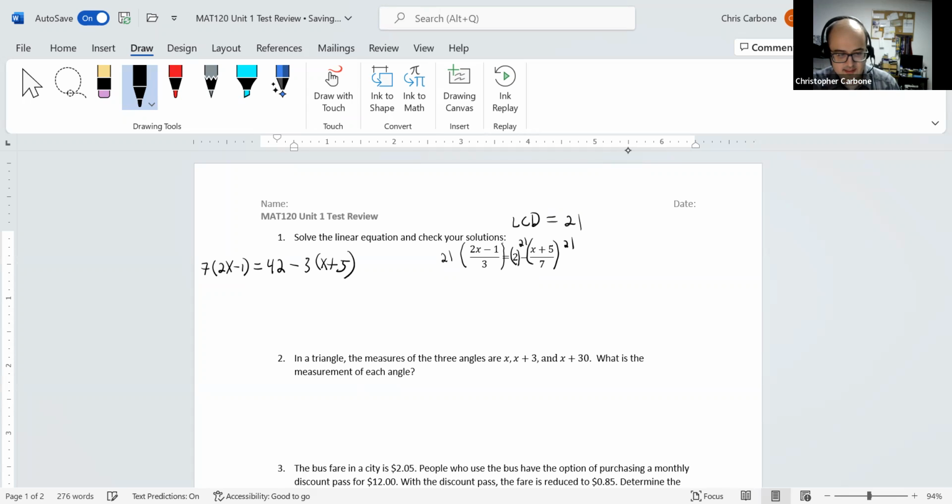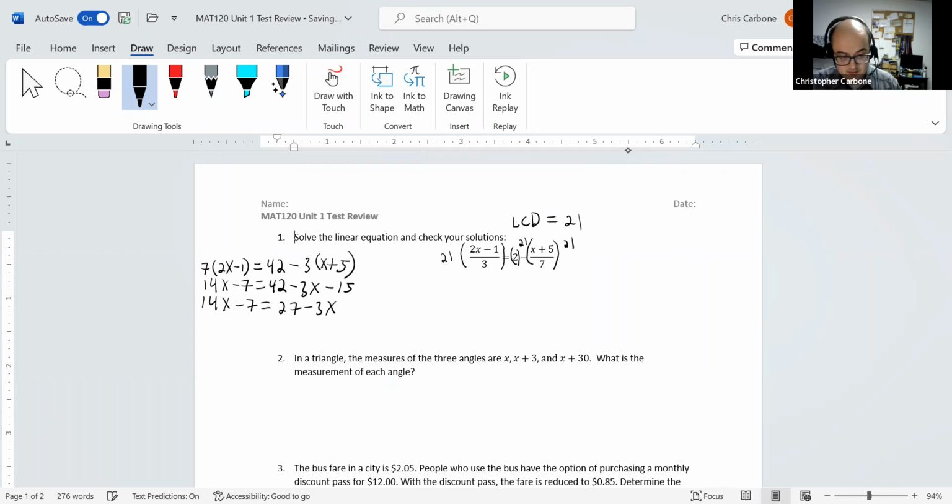Distributing on the left and right sides, this would be 14x minus 7 is equal to 42 minus 3x minus 15 due to the negative. We could combine the 42 and the negative 15 on the right-hand side. So 14x minus 7 is equal to 27 minus 3x.